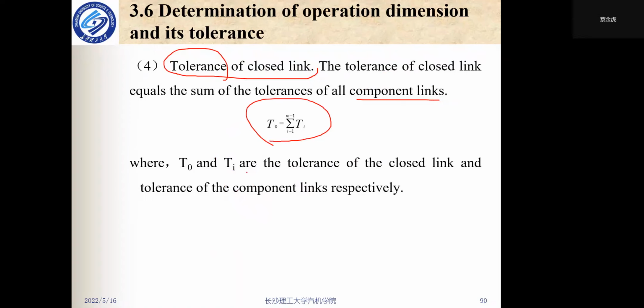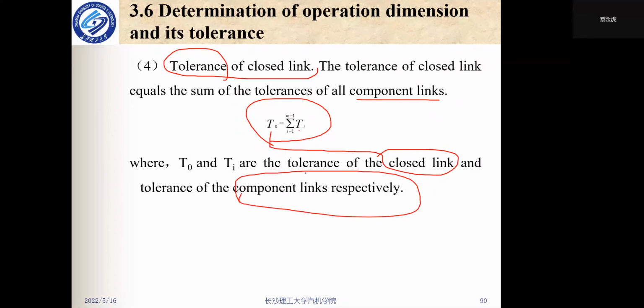T0 and Ti are the tolerance of the closed link and the tolerance of the component link, which means the tolerance of closed link, T0, the left side of this equation, equals to the sum of the tolerance of component links, the right side.